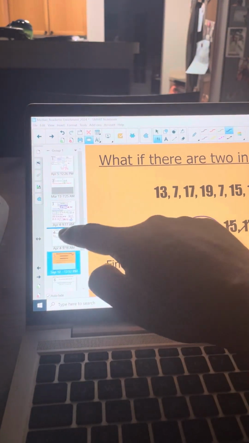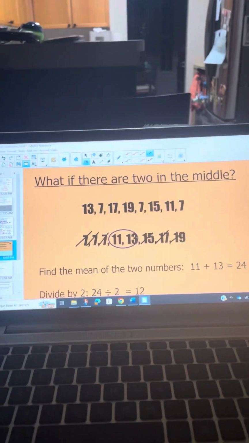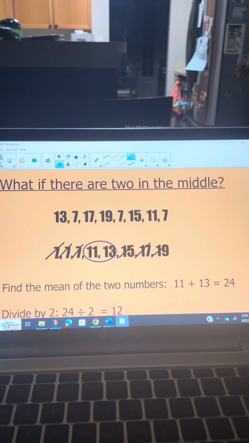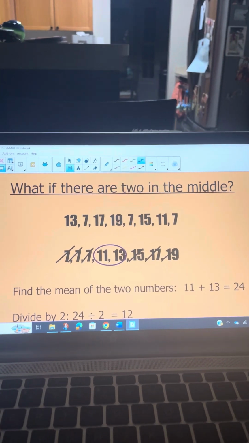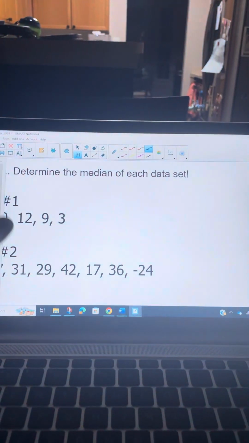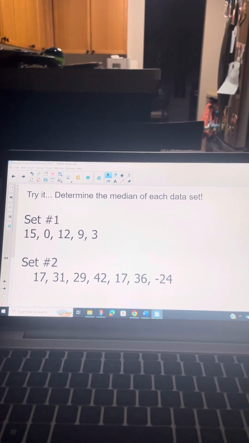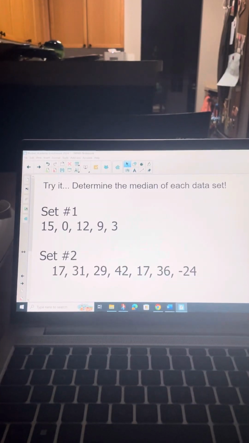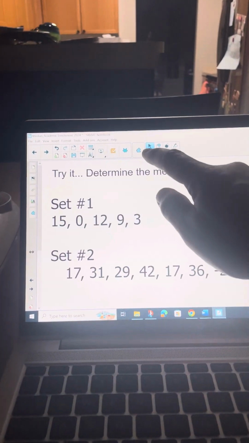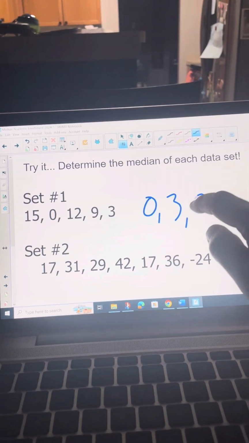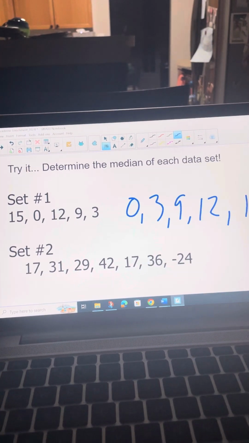On your note sheet here, you should have this example written down. It might not be in the exact order. You might have to find it if there are 2 medians, exactly what you need to do. Okay, so let's take a look at these. This set here, 15, 0, 12, 9, 3. When I put these in order, least to greatest, 0, 3, 9, 12, 15.